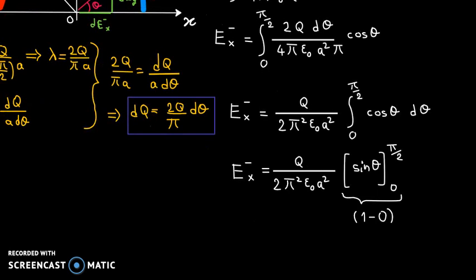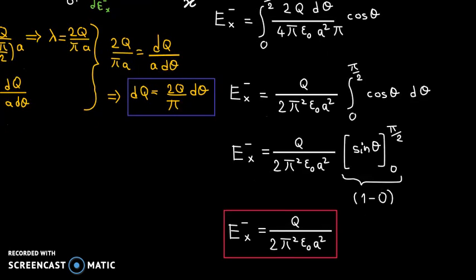Sine pi over 2 is equal to 1, and sine 0 is equal to 0, so this integral part is simply equal to 1 minus 0, which is 1. So then here's our final answer. The x component of the electric field due to the negative charge distribution is equal to capital Q divided by 2 pi squared epsilon 0 a squared. Now let's go ahead and find the y component following a very similar method.